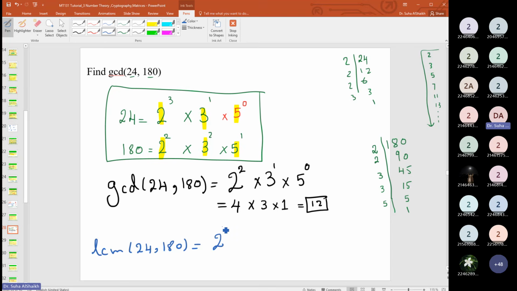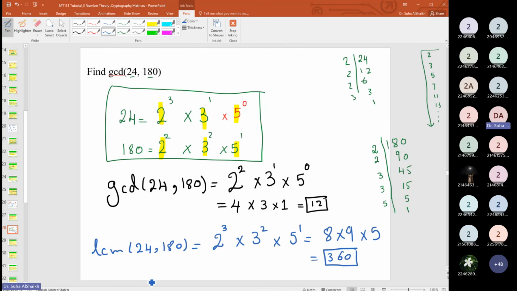So the maximum power of the 2 is 2 power 3. Maximum power of the 3 is 3 power 2. Of the 5, it's 5 power 1. So this is 8 multiplied with 9 multiplied with 5, which is equal to 360. And this will be the LCM.